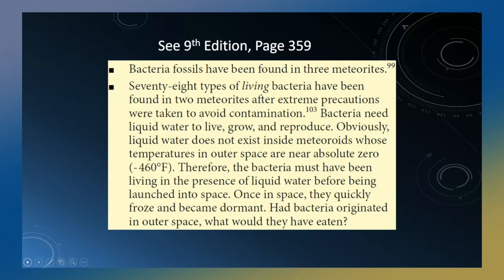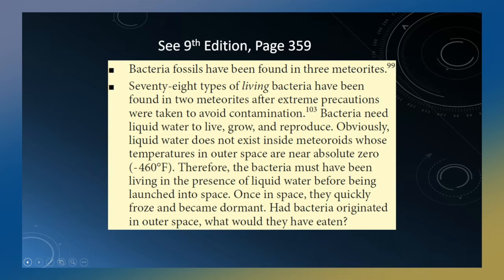Now, that doesn't mean that these scientists who have been investigating meteorites for years haven't had to conclude, well, it must be contamination, because they couldn't explain how these bacteria could have formed on anything up in space. Well, they weren't formed on these things in space.